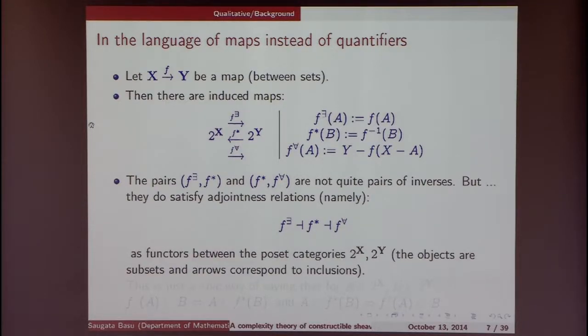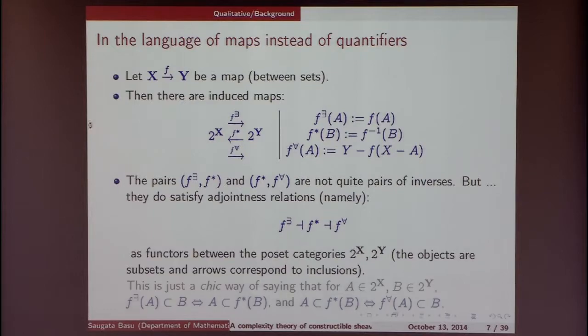I'm thinking of these power sets as categories whose objects are the subsets of X. It's a trivial category in the sense that I put an arrow between two subsets only if the one is included in the other. So that's a kind of trivial poset category, and these are functors between those corresponding categories, and they are adjoint.